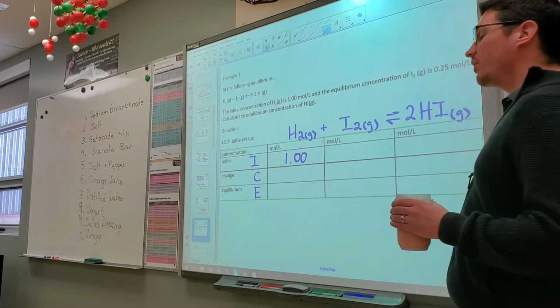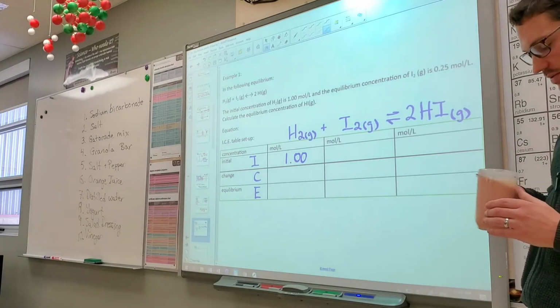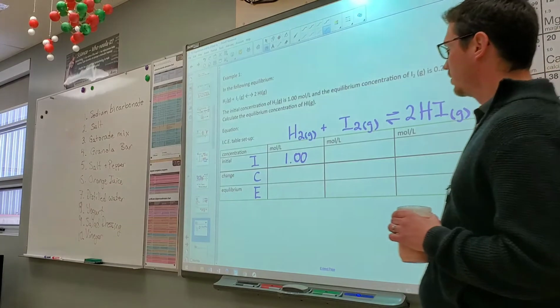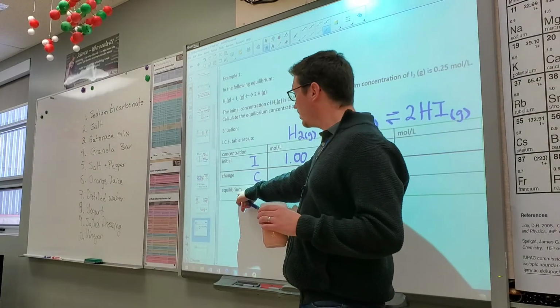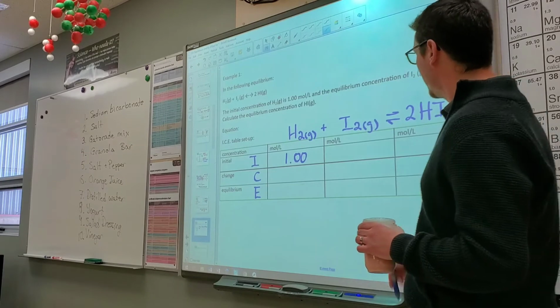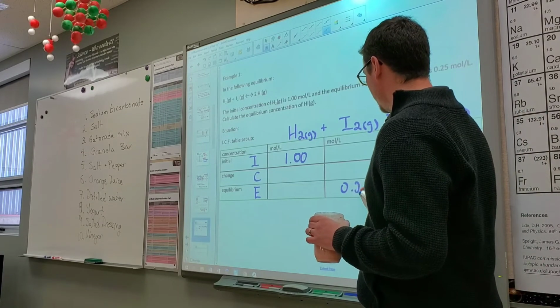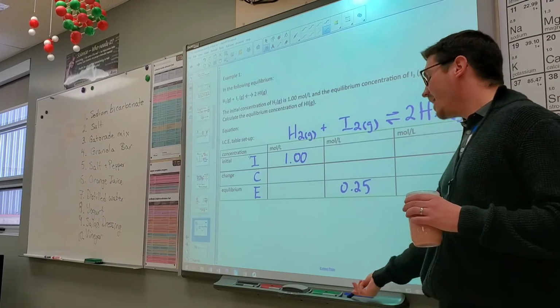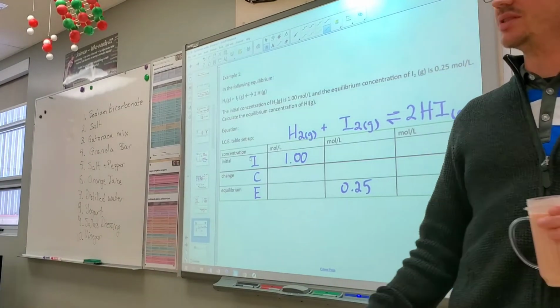What's the only other piece of information that they're giving us? The equilibrium concentration of I2 is 0.25 moles per liter.